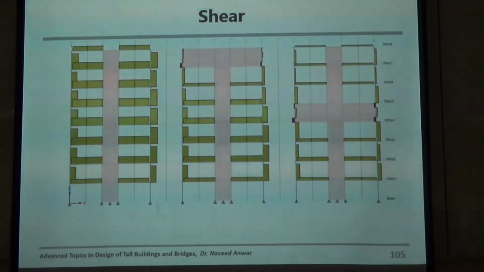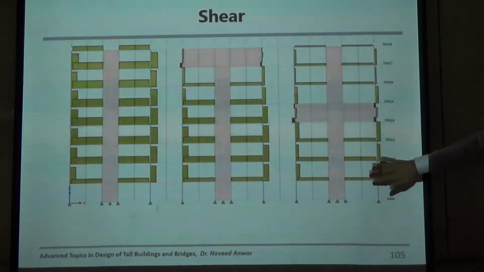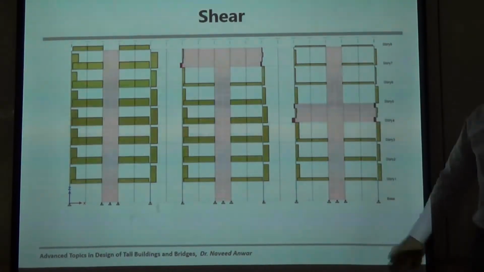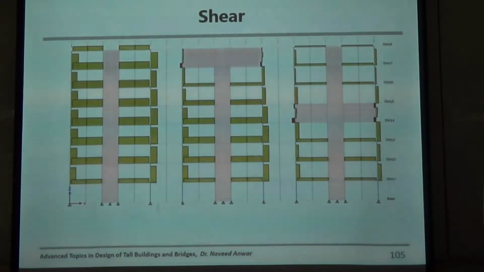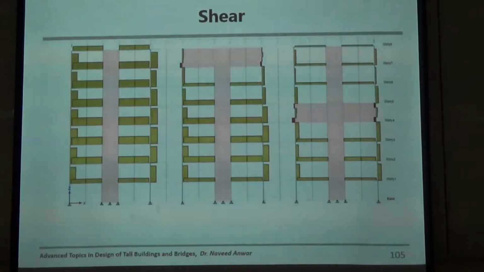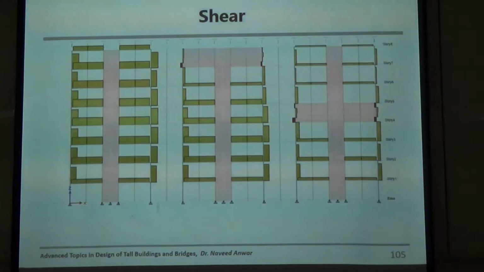That is the shear, and again you can see the shear force in all the beams is reduced. Such a beautiful solution to a tall building, because when you put an outrigger, then the bending moment in all the beams is reduced, shear force in all the beams is reduced, the displacement is reduced, everything works beautifully.